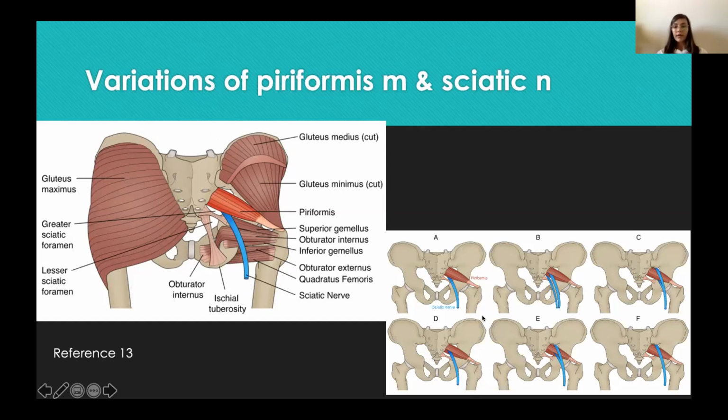But the picture on the right kind of shows you the different variations because, as we've seen in lab, each cadaver is oriented differently, and there can be those variations. So you can just see that it could be diving directly through, it could be above, it could have several branches. So that's just showing you that it's not always going to be that textbook example.